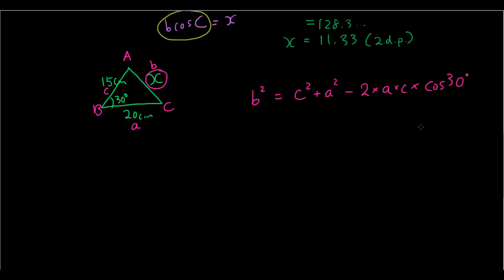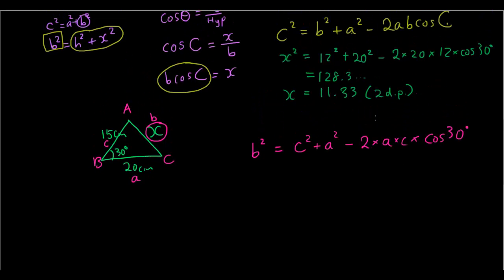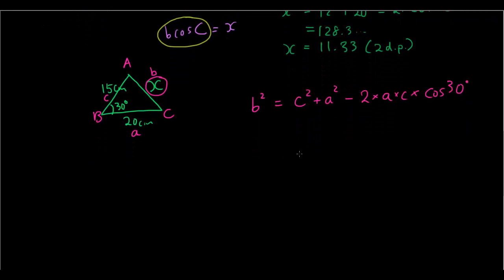Let me just check if that's right. Yes, it is. So putting that into the equation, I have x squared equals 15 squared plus 20 squared minus 2 times 20 times 15 times cos 30.